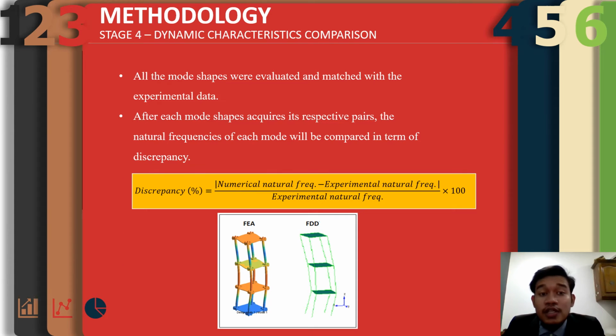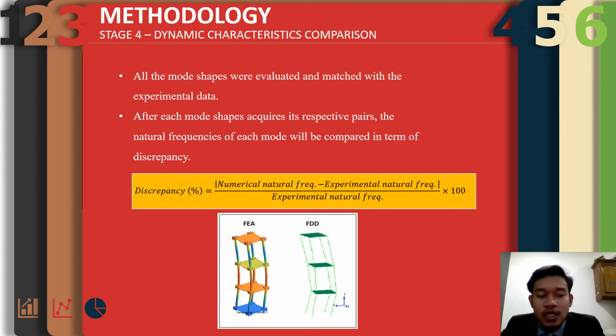We proceed to stage 4, which is the dynamic characteristic comparison. All the mode shapes were evaluated and matched with the experimental data. After each mode shape has its respective pair, the natural frequencies of each mode will be compared in terms of discrepancy.